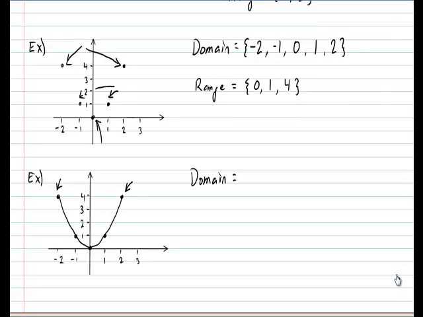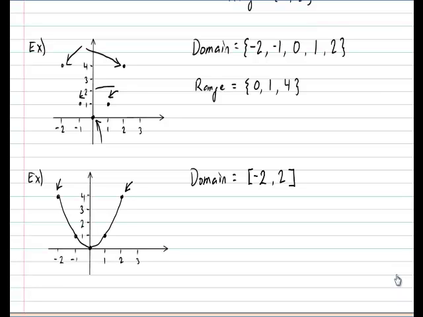So that means our domain starts all the way at -2, goes all the way to +2, and it includes everything in between because I connected all the points with a solid curved line. That means our domain is starting from -2 and goes all the way to 2 and includes everything in between.